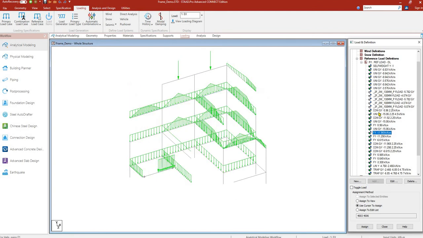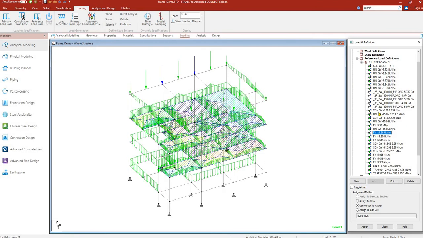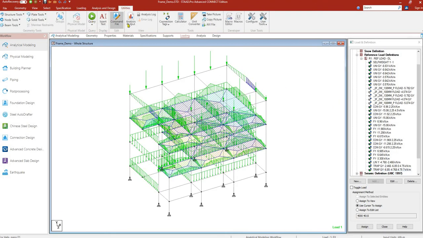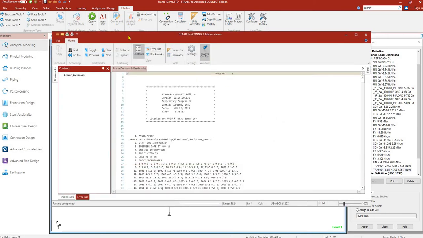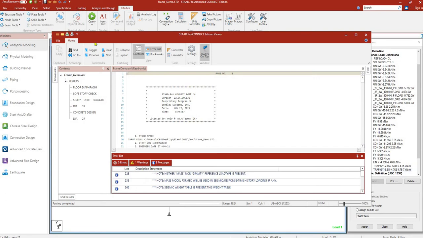So, ito yung truss reactions. Ayan, sa gitna ng beam. And then, ayan yung exterior trusses. Kasali pala. Tsaka yung firewall loads. Ayan siya. Okay, so let's go to utilities and then analysis output to check the center of mass.